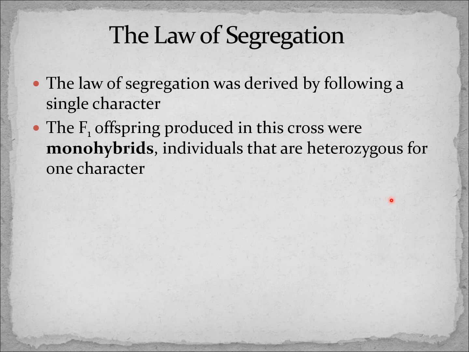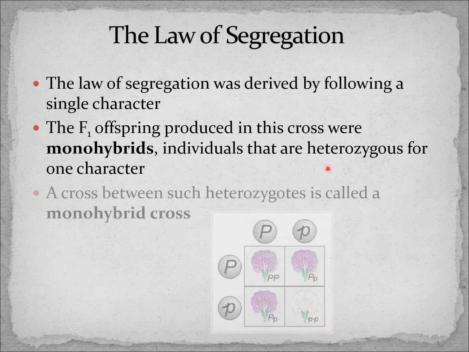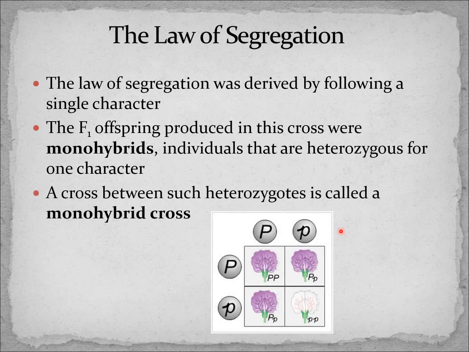Remember the F1 offspring after mating the alternative phenotypes of the parents, all of them were heterozygous. Then the cross between the F1, picking two of the heterozygotes from the F1 generation, would result in the F2 generation, and we see the 3-to-1 ratio. So he derived the law of segregation from there.